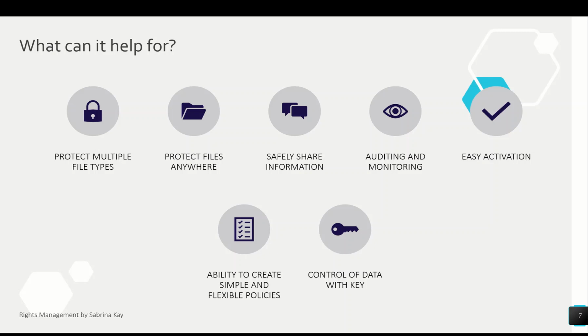Next and lastly is control of data with key. There are two types of key under the current Azure Rights Management. The first one is bring your own key. This key is under, sorry, not Office 365, it is under your cloud tenant. And the second key would be the, sorry, what's the term? Hardware security modules.